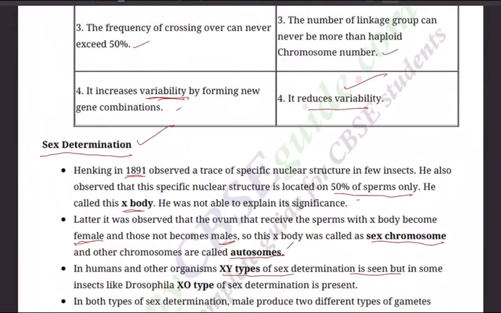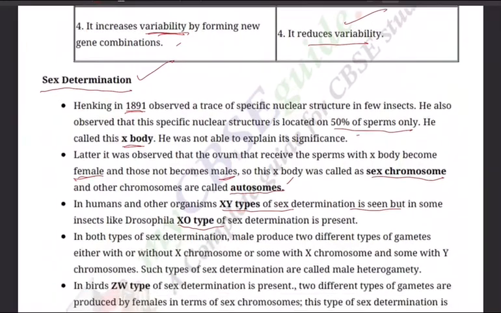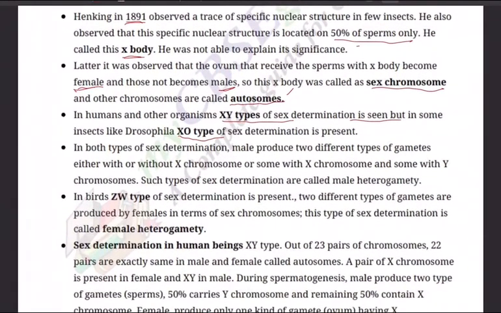But in some insects like Drosophila, X0 type of sex determination is present. In both types of sex determination, the male produces two different types of gametes, either with or without the X chromosome, or some with the X chromosome and some with the Y chromosome. Such types of sex determination are called heterogamety.